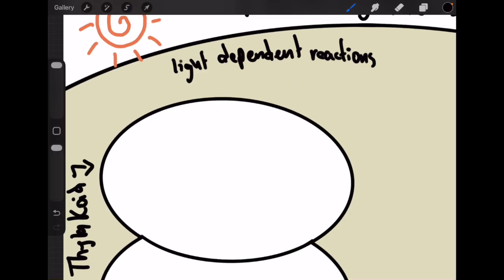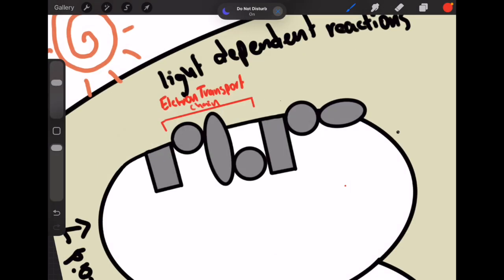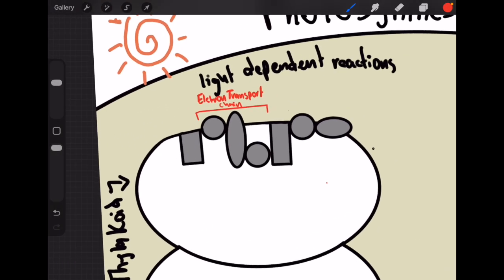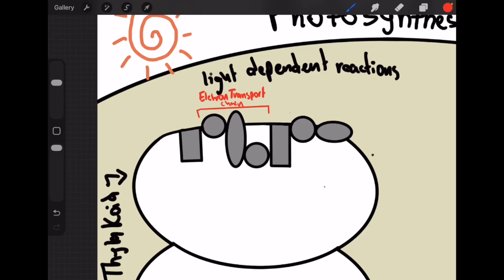We have a bunch of proteins in an electron transport chain, which I will draw right here. Now I've drawn the proteins, and in the middle part I have the electron transport chain. On the left, I have this protein called PS2, and on the right, I have PS1. And this is another ETC.